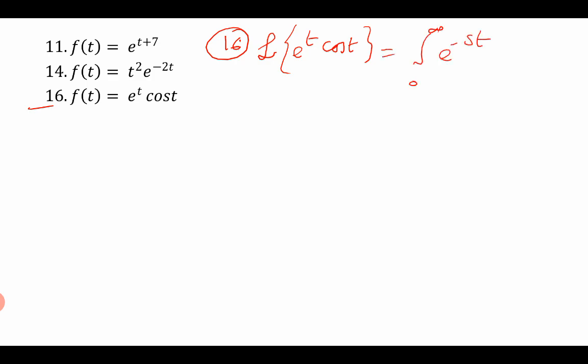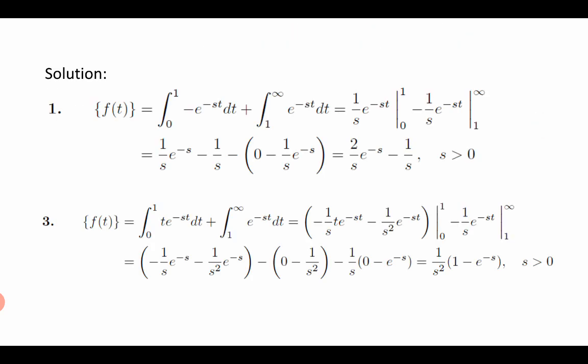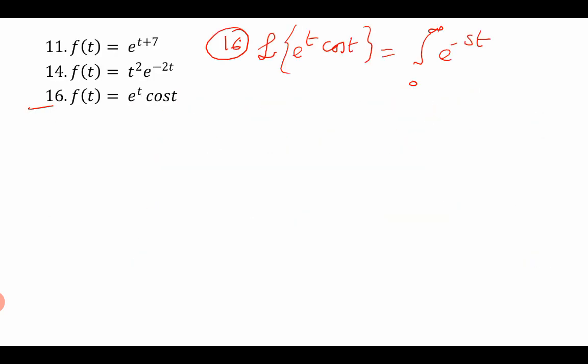Integral 0 to infinity e raised to minus st, and then this function e raised to t cosine t dt. We have to club the exponentials together: 0 to infinity, e raised to minus (s minus 1) t, and this cosine t dt.